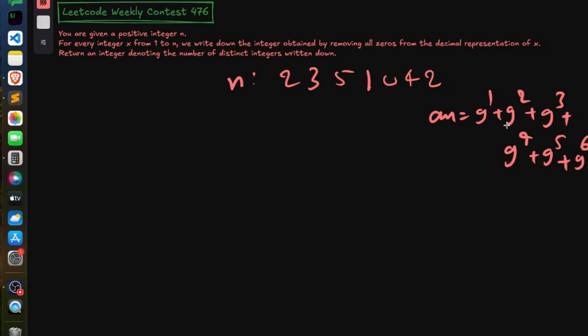So these are the different integers that we can get for lengths up to 6, right? So the only thing left is to find out how many different integers we can get for length 7. Like 7 is the length of the original integer, right? So for length 7, such that the integer is less than or equal to n and doesn't contain any 0, right?